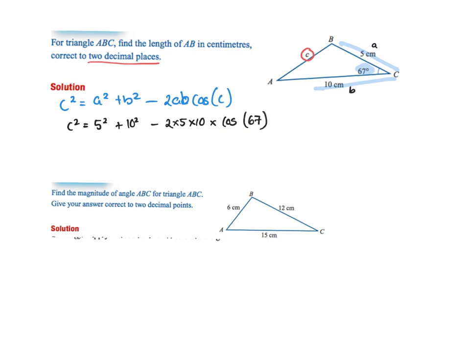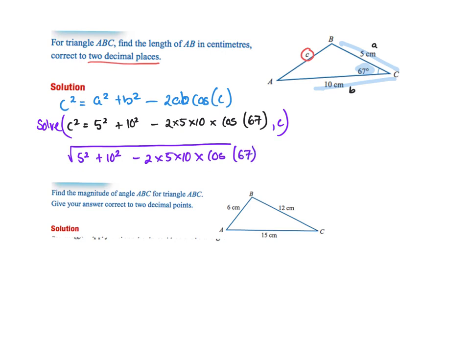You can write solve comma c, or you can go straight into the calculator and do the square root of the formula, which is 5 squared plus 10 squared minus 2 times 5 times 10 cos 67. Whichever way you want, it doesn't matter.